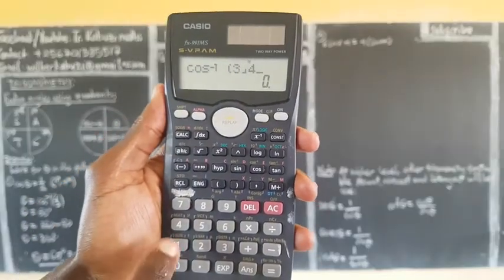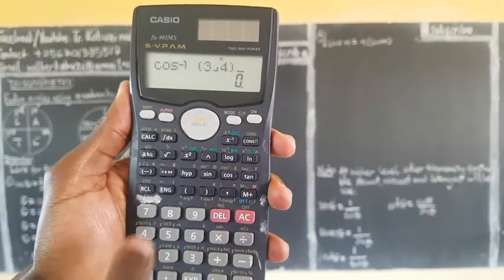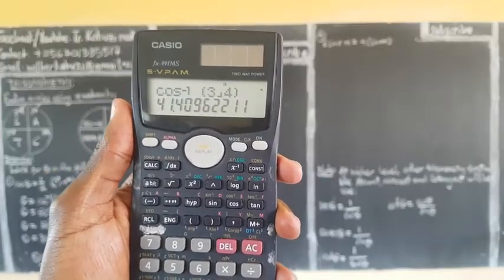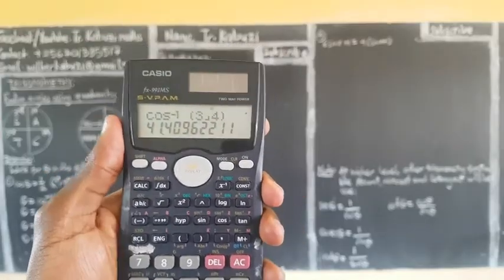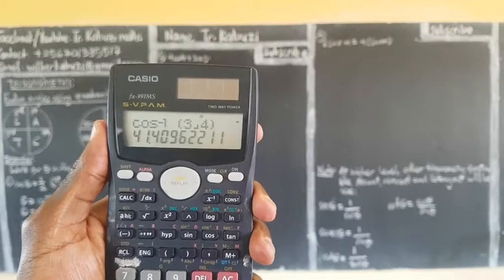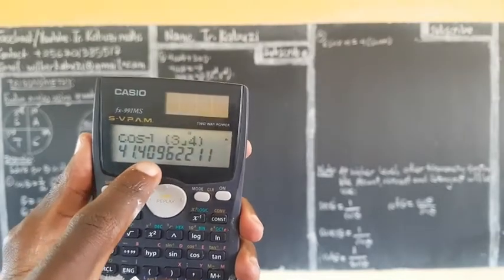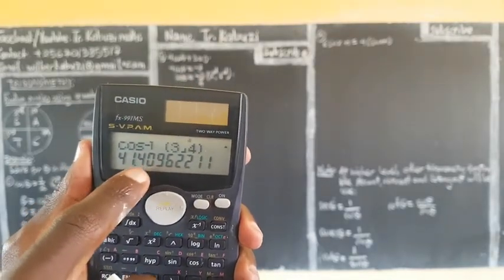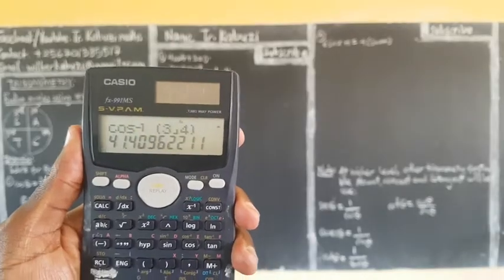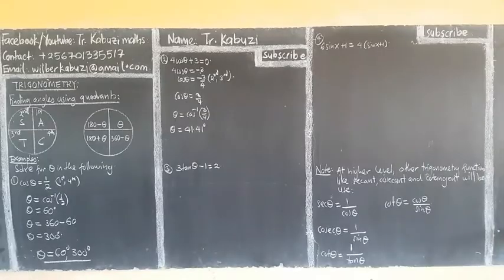Then I close the bracket and press equals. That's the answer I'm getting. But remember that I'm giving them to 2 decimal places. So it's going to be 41.41. That's the answer.